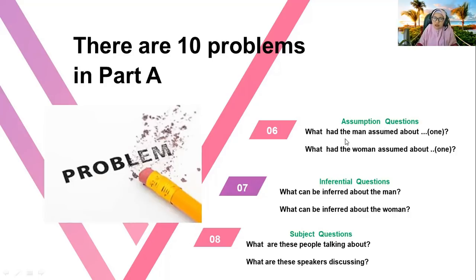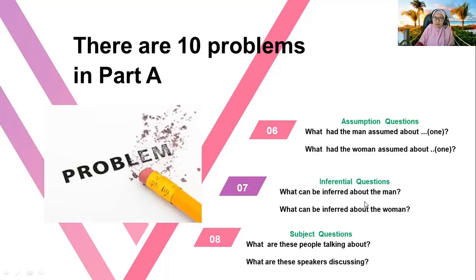Jadi mayoritas asumsinya di awal sama di akhir bisa beda, gitu ya. So the answer here will be different with the first assumption. Okay, these are the two questions on the assumption question.